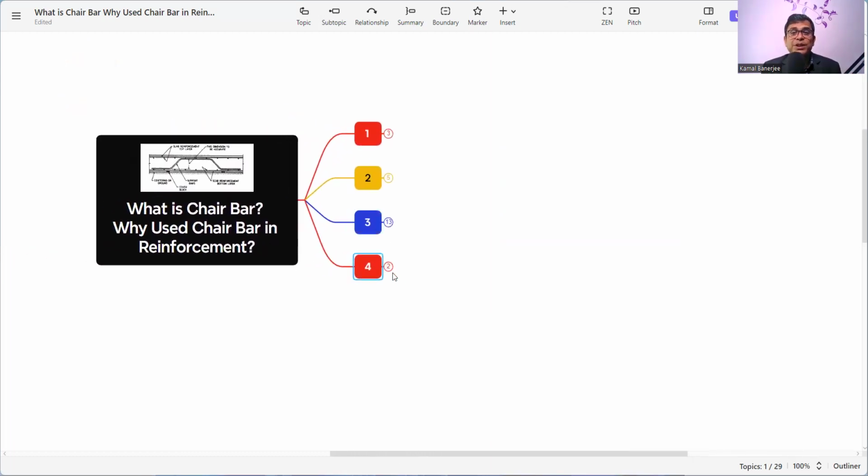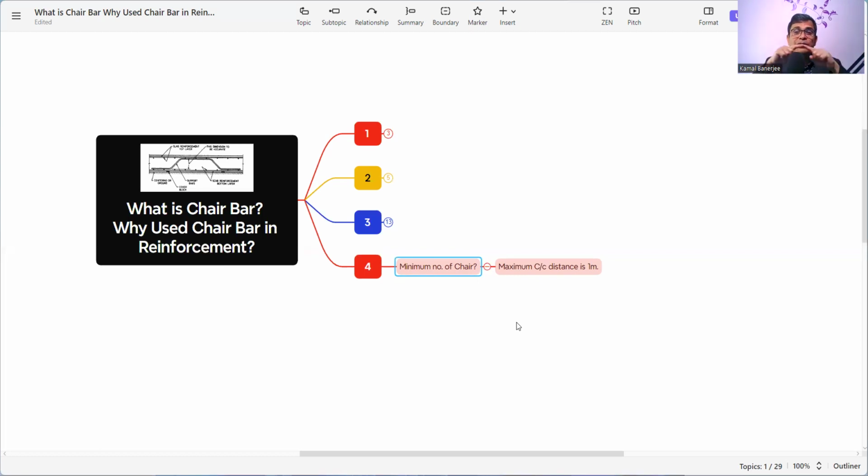But what is the number of chairs? How many numbers do we need to provide at the site? And also the chair diameter will be minimum 12 mm. Below 12 mm we cannot provide the chair bar because it is taking the load from the bottom mesh. So we need to provide 12 mm. And what will be the minimum number of chairs? As per IS 456, maximum center to center distance of the chairs is 1 meter.